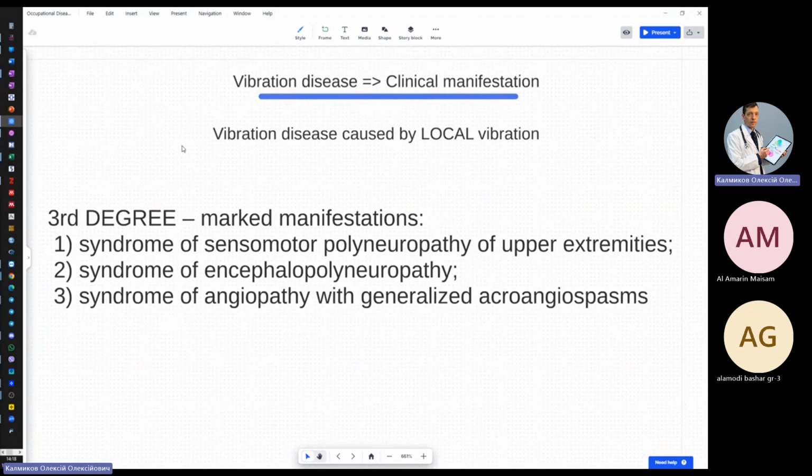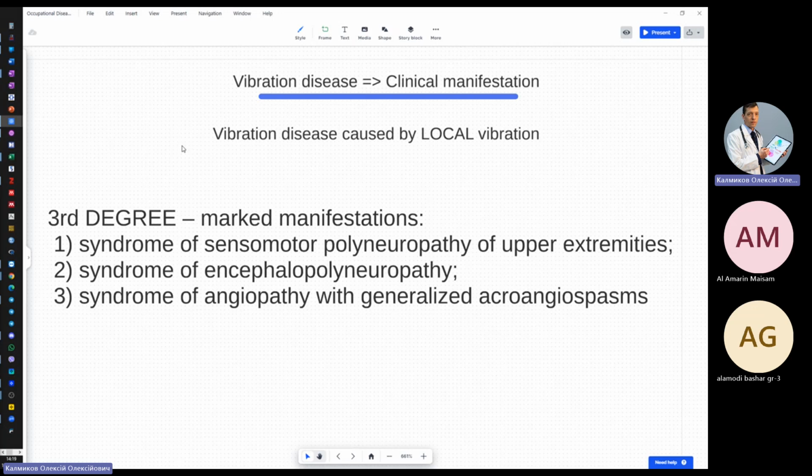Then the most severe, advanced degree of vibration disease caused by local vibration is characterized by even more remarkable manifestations of all we have mentioned. If there was mostly affection of peripheral regions of the upper extremities, now there is possible development of encephalopathy, and not only sensory and vegetative, but also motor components of these disturbances.